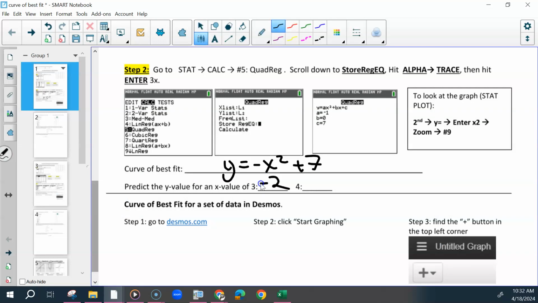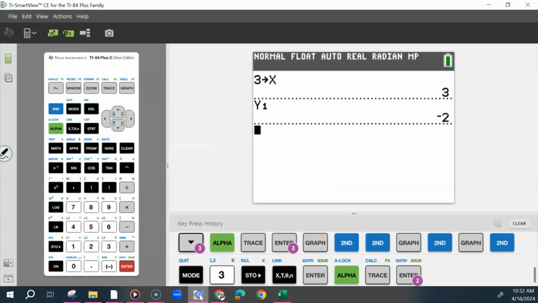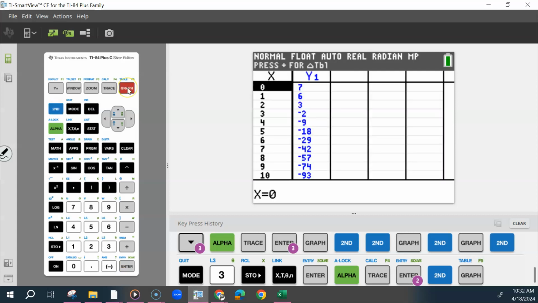What about for 4? What was that y value? Should have been negative 9.